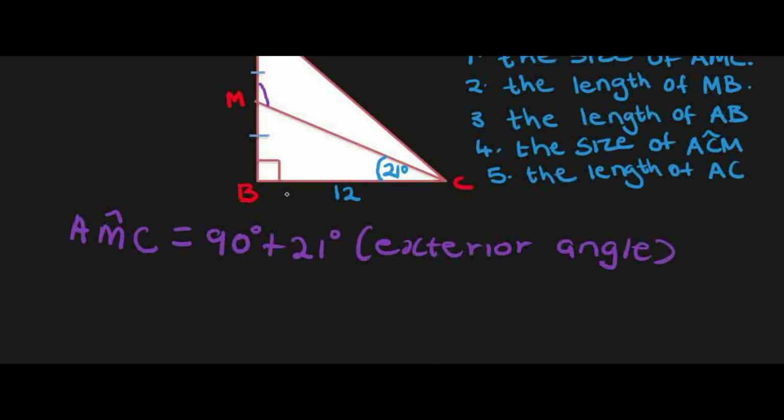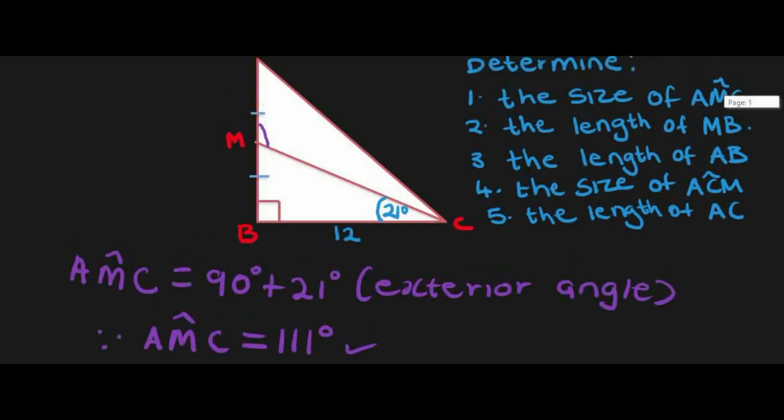We know that the exterior angle of a triangle is equal to the sum of the two opposite interior angles. Therefore, angle AMC is equal to, 90 degrees plus 21 degrees is 111 degrees. That is the first method.